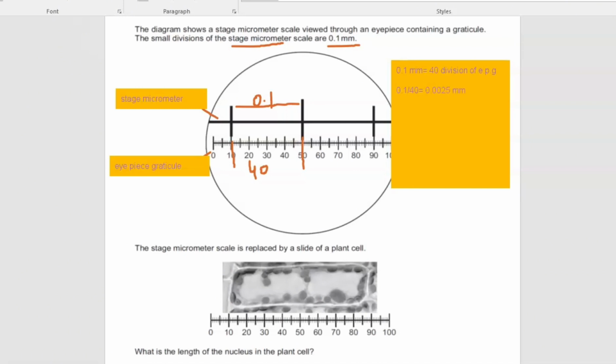Previously we did 0.1 divided by 50, but now we have divided by 40 because the diagram given in this question has 40 divisions matching with 0.1 mm of the stage micrometer. So it is 0.0025 mm. Next we have to convert it into micrometer.